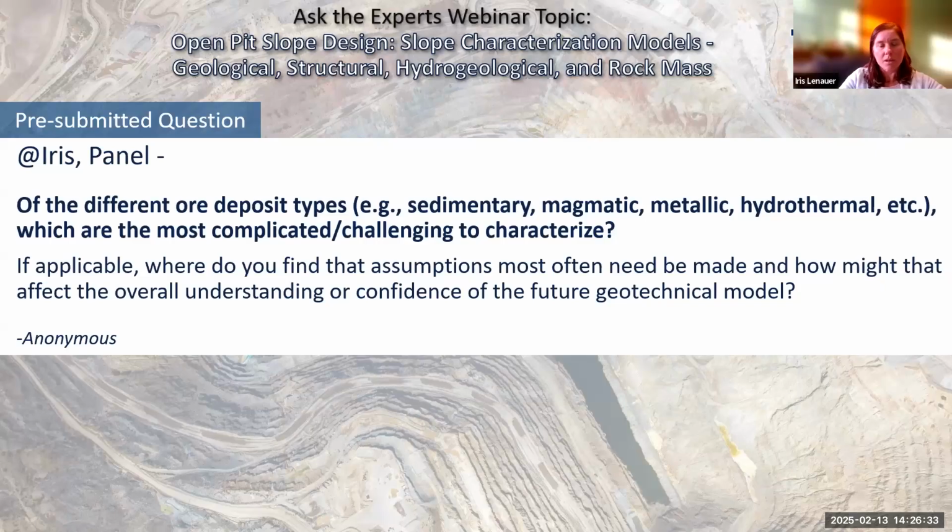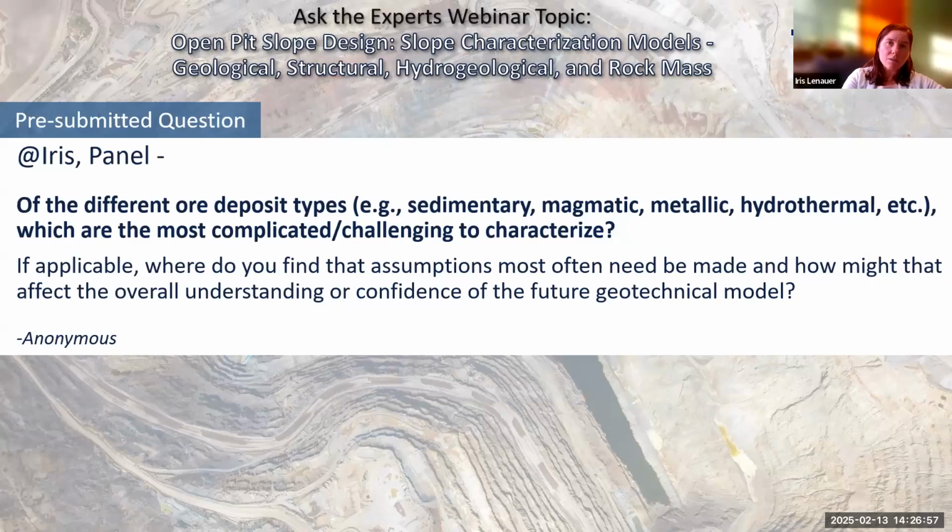The more complex it is, the more data we also need to collect to be able to make assumptions of what's happening in between, of how each structure type is affecting the rock stability, and how the interactions between rock type and alteration, or rock type and structure, affect each of them.